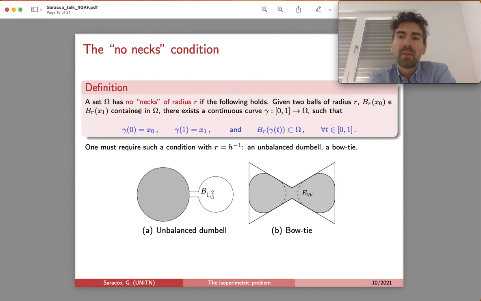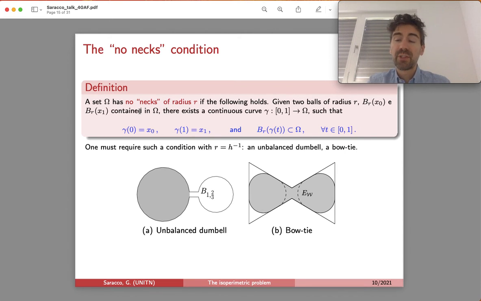Now, this formally means there exists a continuous path starting from the center of the first ball, ending on the center of the second ball, such that whenever you take any ball of radius r centered on any point of this curve, this ball is contained inside omega. And the interesting thing is that you need to require this condition for the radius given by the inverse of the Cheeger constant.